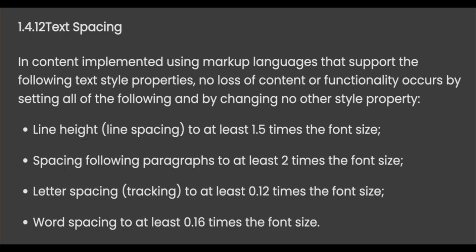Next is letter spacing, which is also called tracking. Letter spacing is the spacing between the characters or the letters in the sentence. That has to be at least 0.12 times the font size. And word spacing has to be at least 0.16 times the font size. Word spacing is the spacing between the different words.